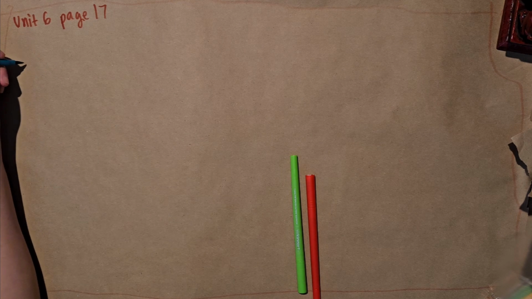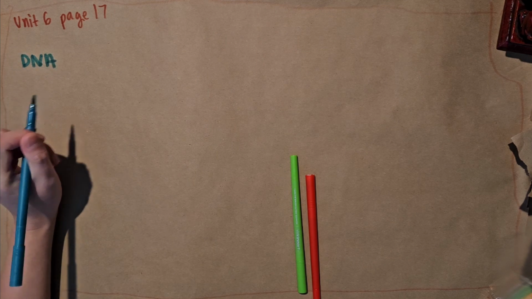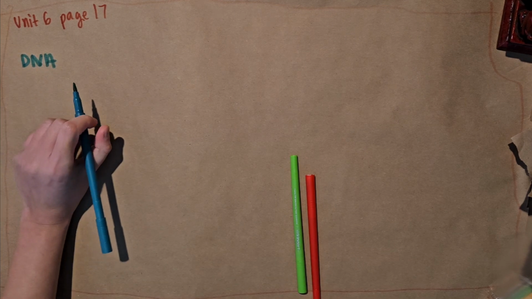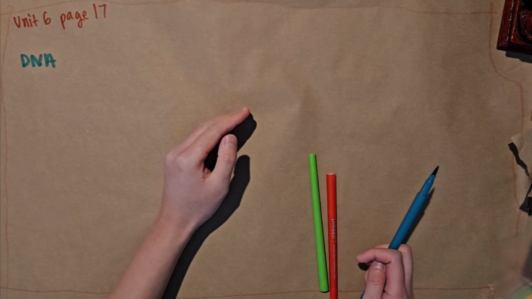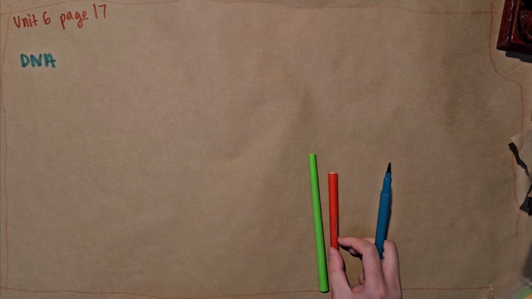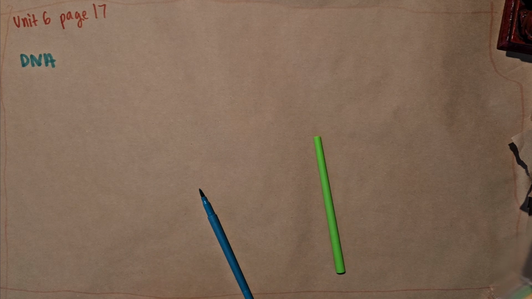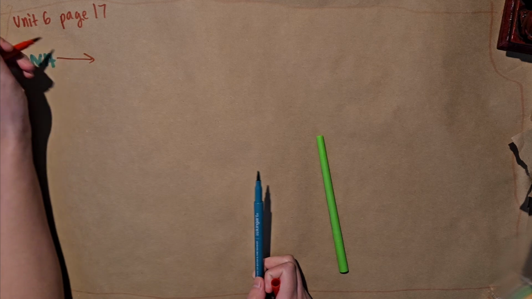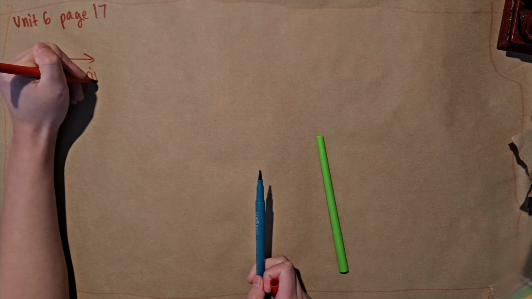First, we have DNA. And that DNA is going to undergo transcription in order to make messenger RNA. So the process is called transcription.